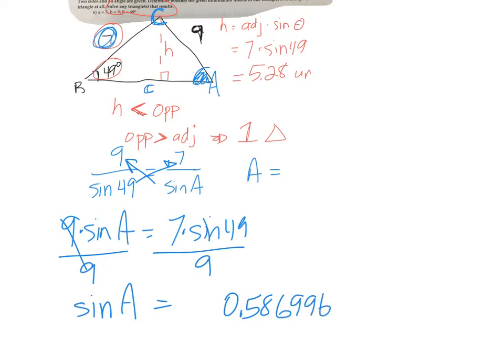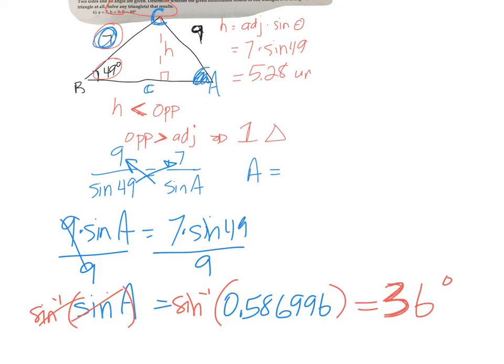And then to figure out what the angle is, we take the inverse sine of both sides. Anytime we find an angle, we take the inverse. So the inverse sine of this decimal is 35.9. We'll just call it 36 degrees. We'll round up for calculation's sake.